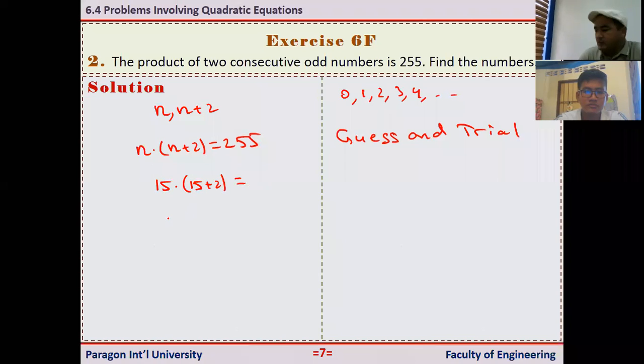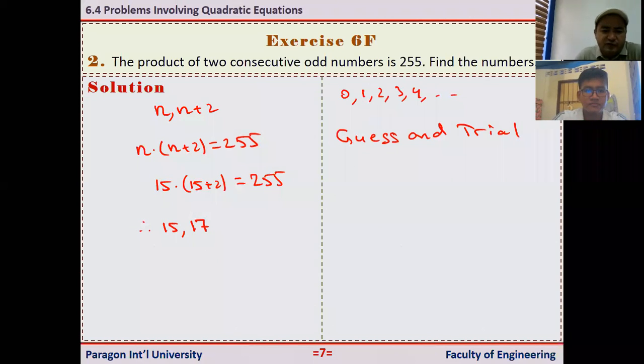What is 15 times 17? That's equal to 255. It works, right? So the numbers are 15 and 17. Do we have other answers? We may have other answers, but they are not positive.